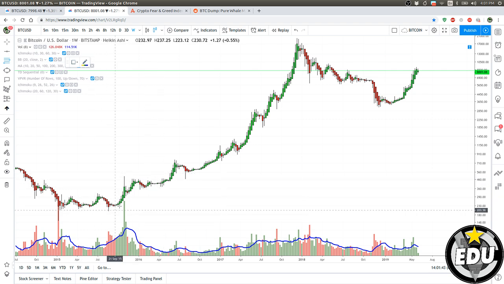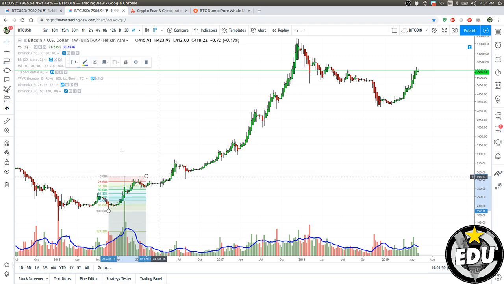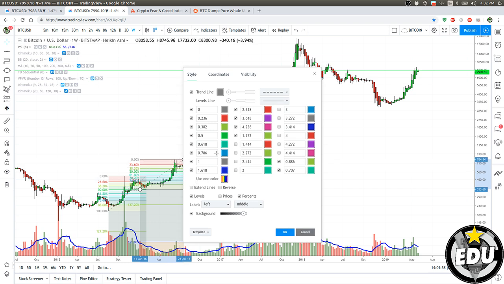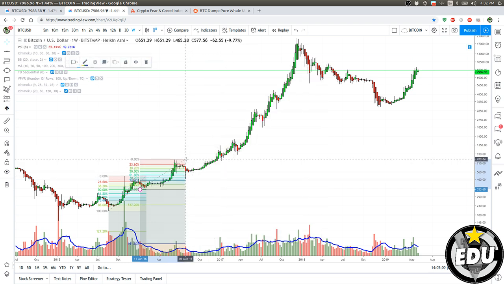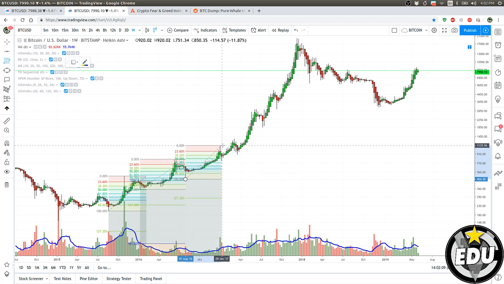Starting from here, price retraced 50% on the first attempt. Then it started back here and did another 70%. You guys can see that? 70, right?